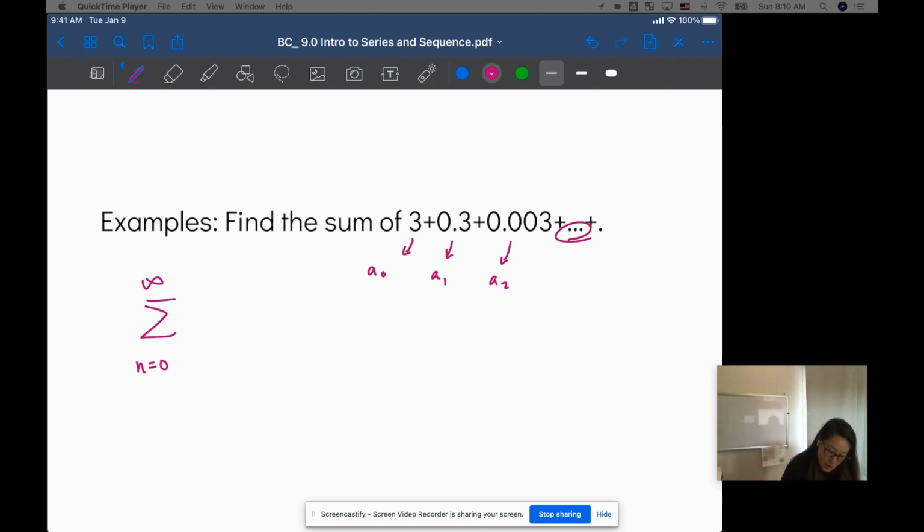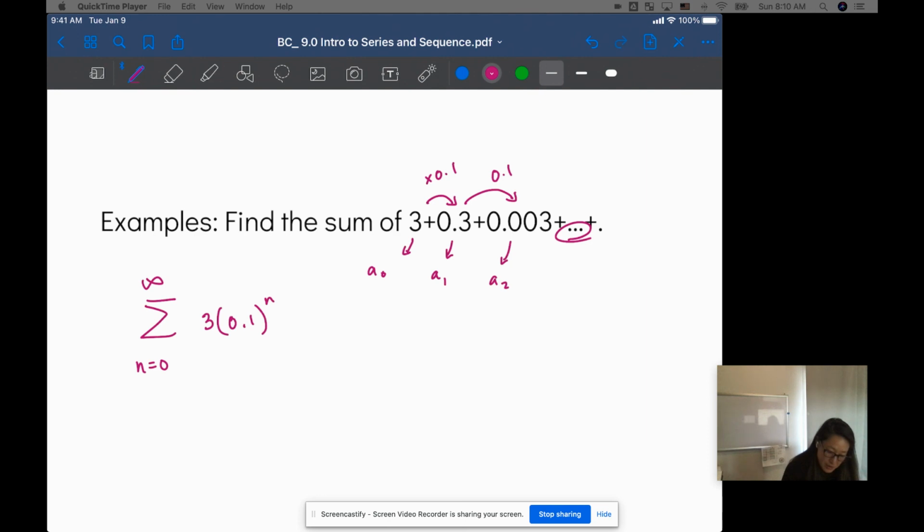Our initial value is 3, and between each term, we're multiplying by 0.1. So times 0.1. And each term, we're multiplying by an additional 0.1, so to the n power, okay?